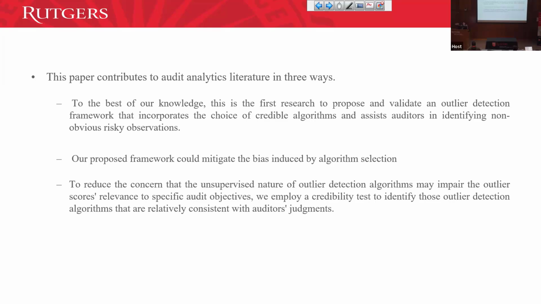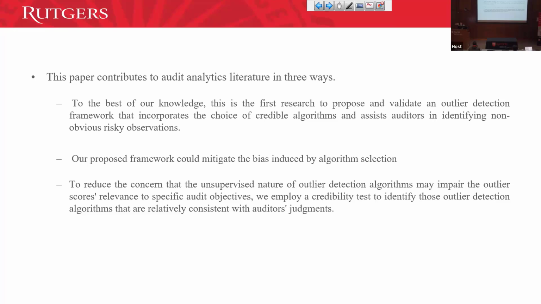Firstly, to the best of our knowledge, this is the first research to propose and validate an outlier detection framework that incorporates the choice of credible algorithms and assists auditors in identifying non-obvious risky observations. By asking our auditors to initially identify obvious outliers, and based on this criteria, we select the credible algorithms.